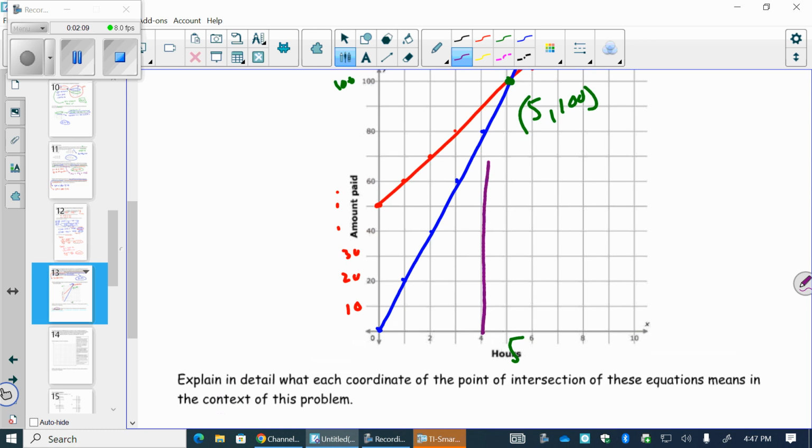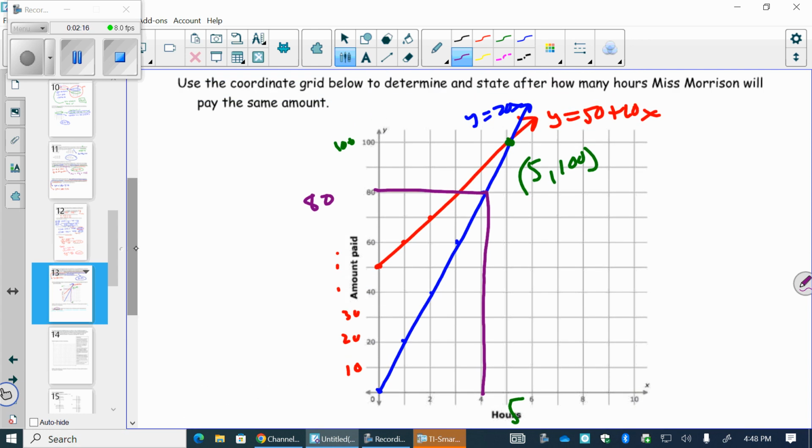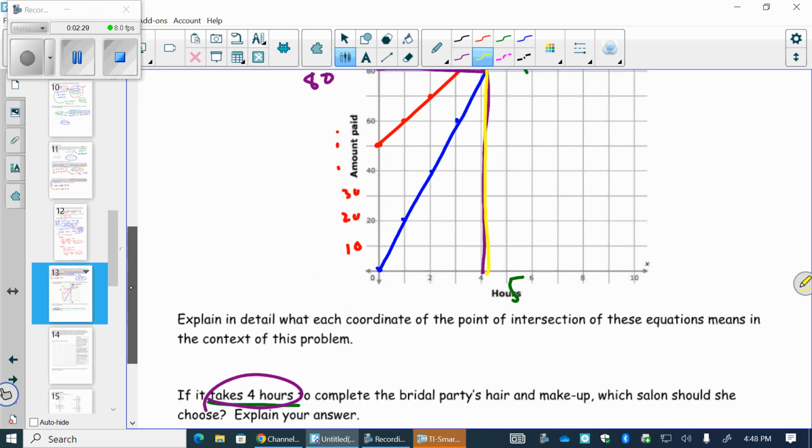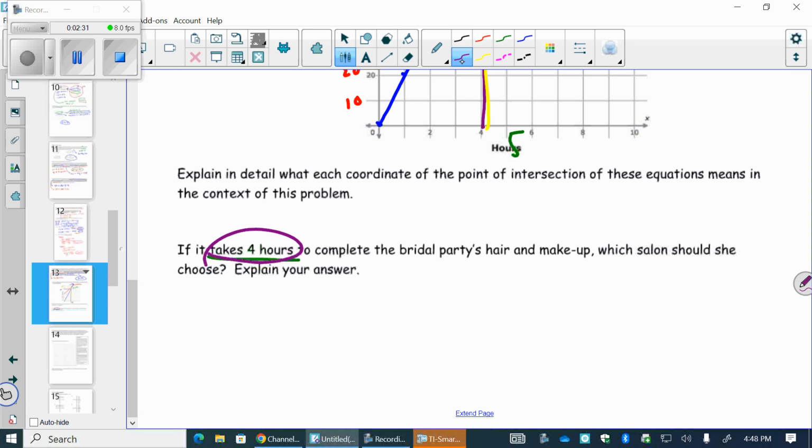You can see it would cost $80 for Anita's company, but it would cost, let's use yellow, $90 to use Oak Grove, forgive me. So you should use Anita's because it's cheaper. If you show the points on the graph, that's good.